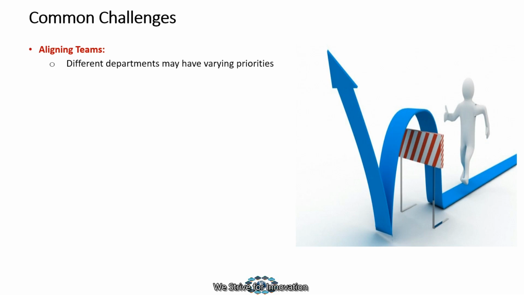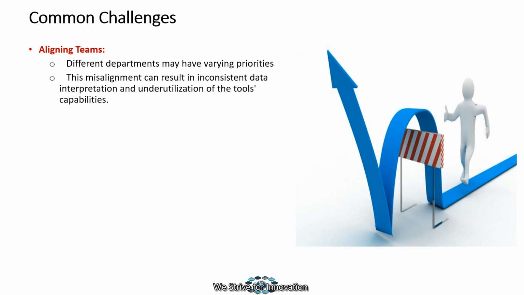And some of these people, the employees themselves, might have their own agenda, so you will be facing this misalignment continuously, so you have to address it at the beginning. This misalignment has a great impact. It can result in inconsistent data interpretation and underutilization of the tool's capability.